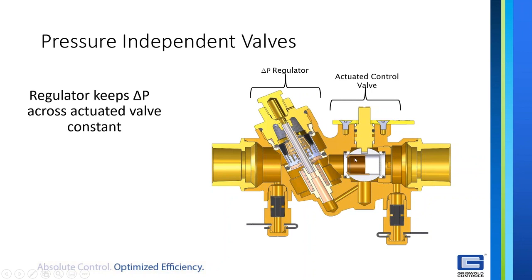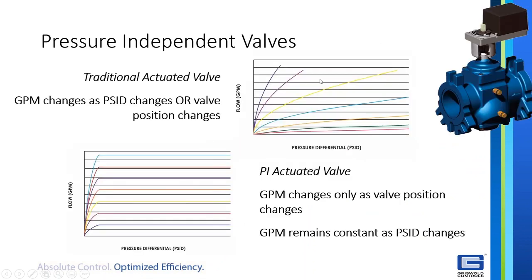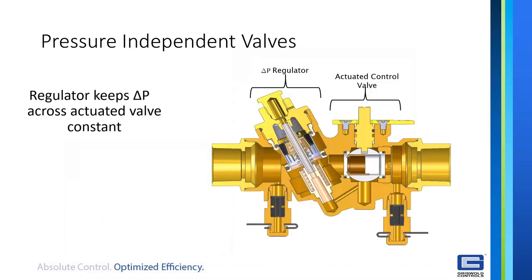Here you'll recognize the ball with our optimizer insert and our low torque seals. So the PSID has all the benefits of the Unimizer built into it. But just like in an actuated valve, we know as you increase your pressure, you change the flow. So the goal is, how do we keep that from happening?